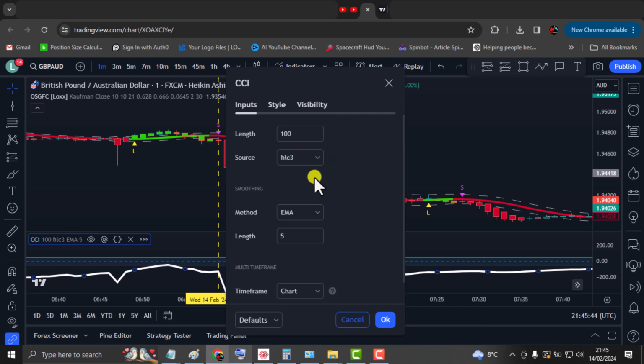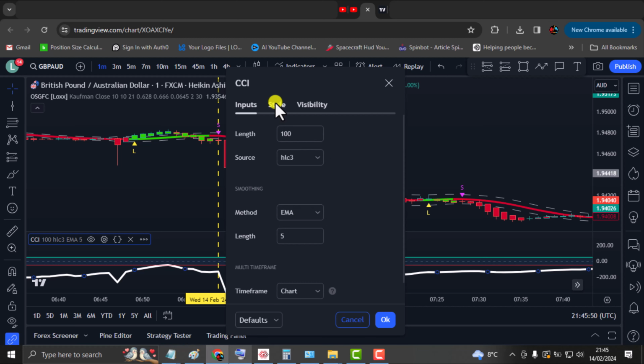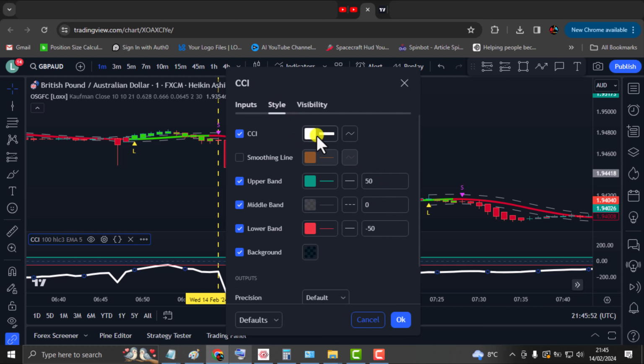I put the length on 100, and then I put on EMA and 5. For the style, I put the CCI line on white for color, and for the upper band and lower band I chose a continuous line instead of a dashed or dotted line. It's more visible.